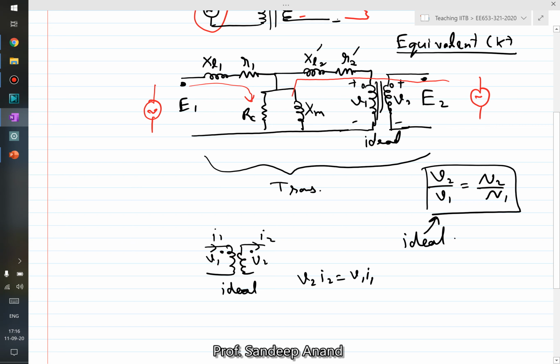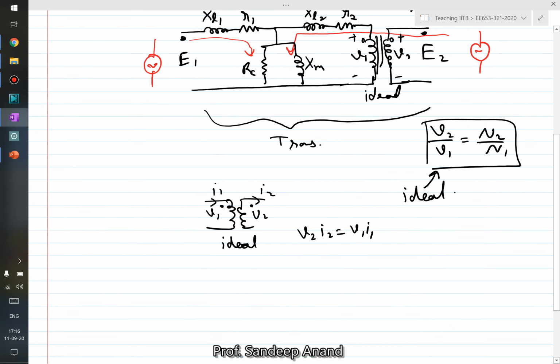Current can also come from here and flow in this direction. So both side current can enter the dot. If there is one source, one load, current can enter one dot, leave the other dot also. So both possibilities exist. It's not a rule that if current enters one dot, it has to leave the other dot. That is only applicable for an ideal transformer, right?